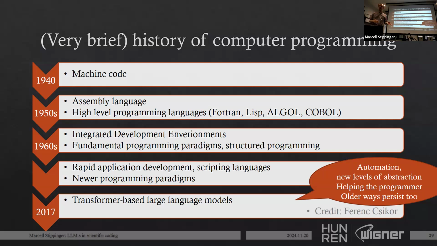Then assembly languages came, and then they evolved to high-level programming languages. Integrated development environments appeared, and programmers invented new paradigms to ease the task of coding and remove part of the mental burden to predefined boxes that you can use for programming.